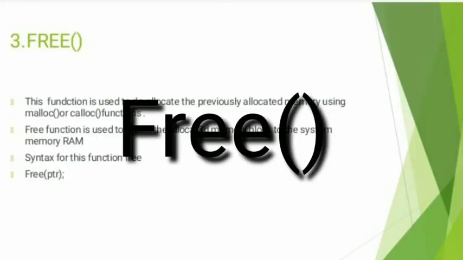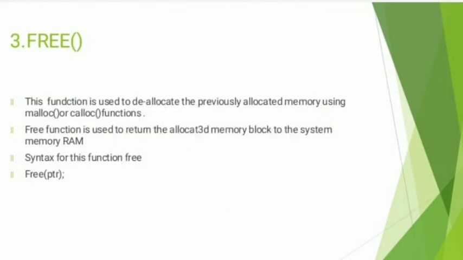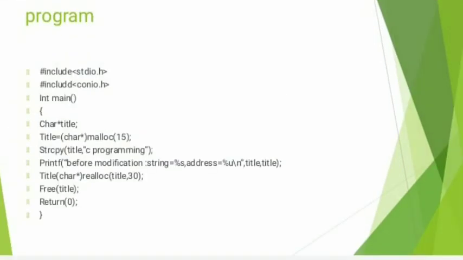Let us discuss free. This function is used to deallocate memory previously allocated using malloc or calloc functions. The free function is used to return the allocated memory block to the system's RAM. The syntax for this function is free(pointer).